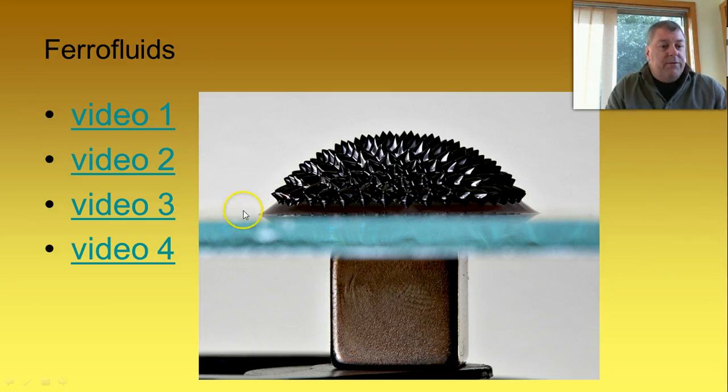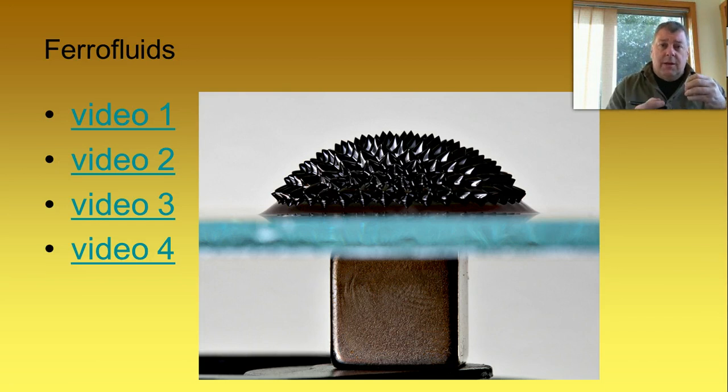This was one we found a few years ago, which is called ferrofluids. Basically, it's a suspension of nanoparticles, and the nanoparticles are little iron oxides. They're so small that they can be kept in suspension by coating them with something that makes them very attractive to water.